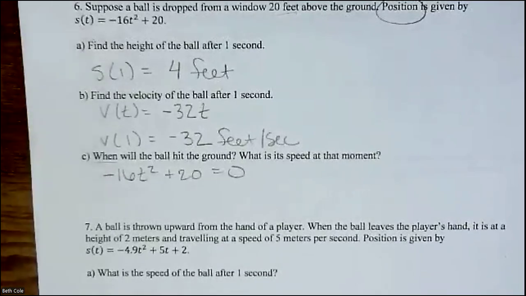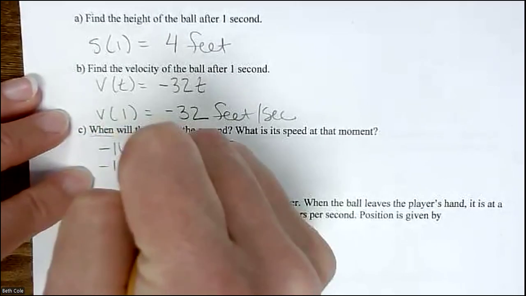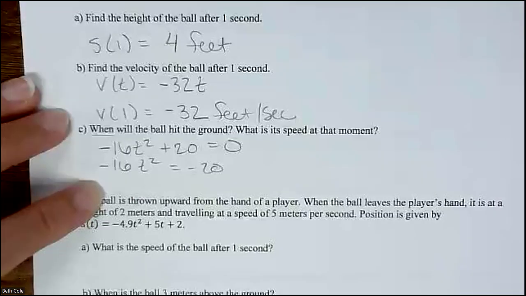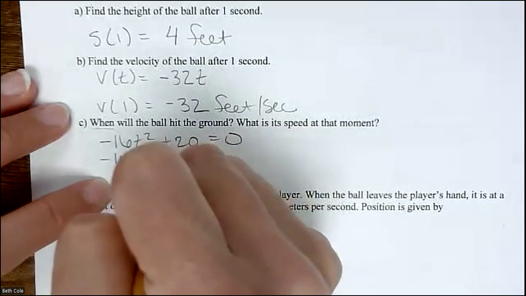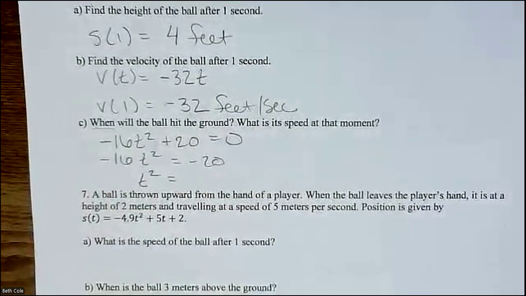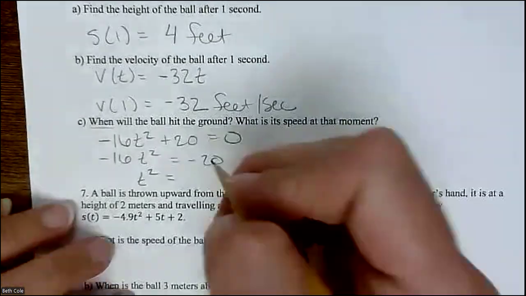And then we're going to do some algebra. So what would you do to both sides? Minus 20. Divide by negative 16. So the negatives are going to cancel. 20/16. Gosh, what is that going to reduce to? 5/4.